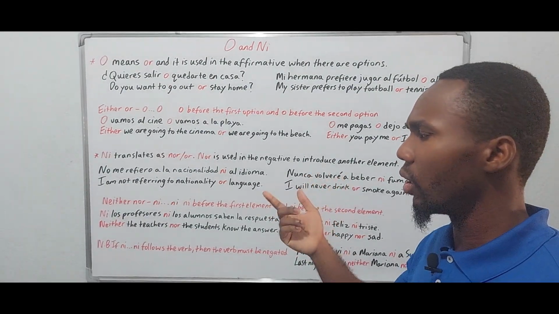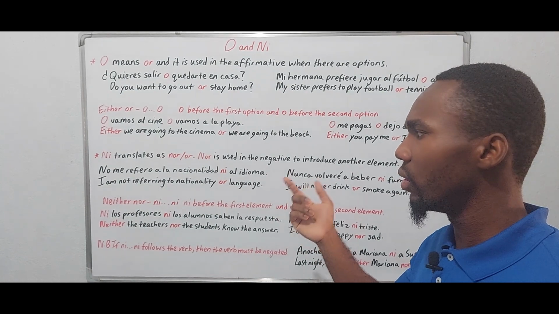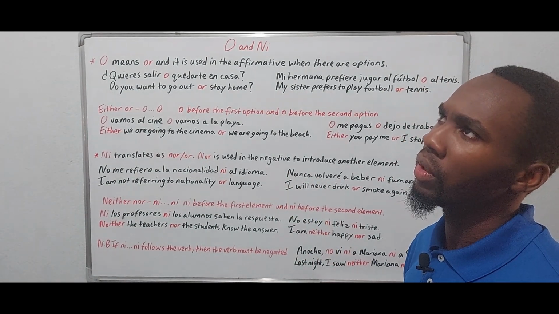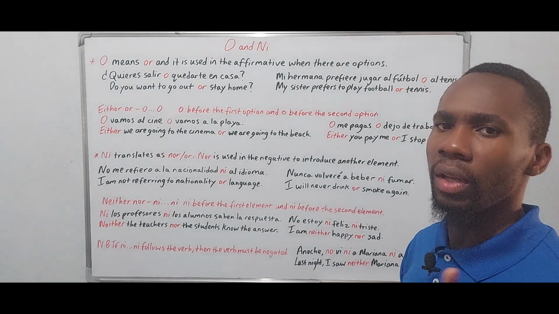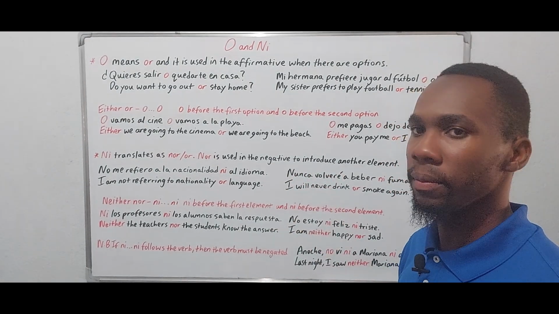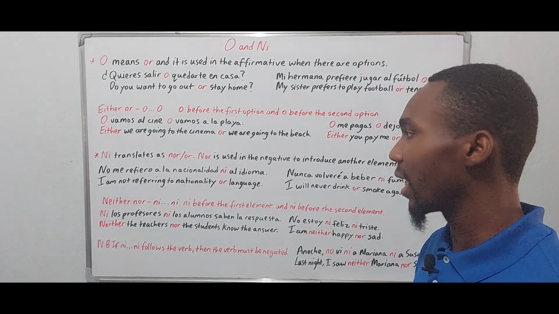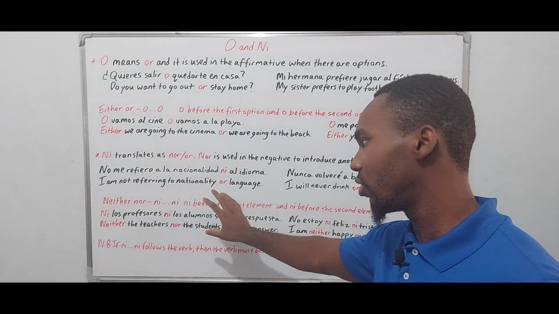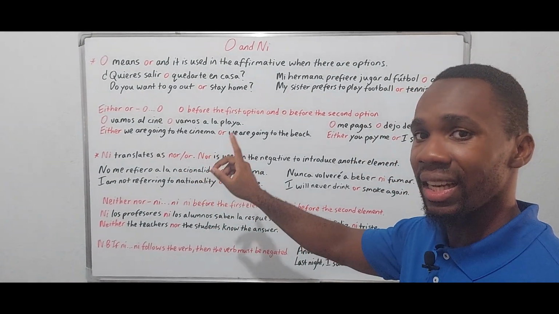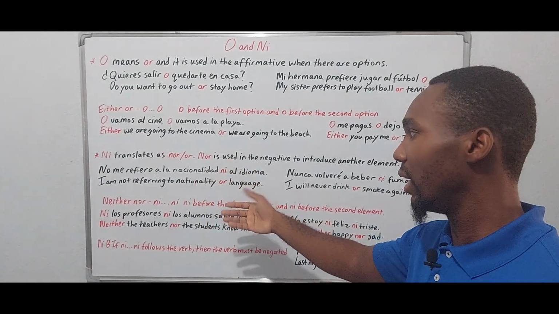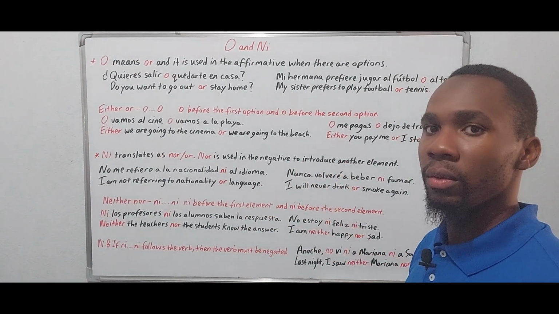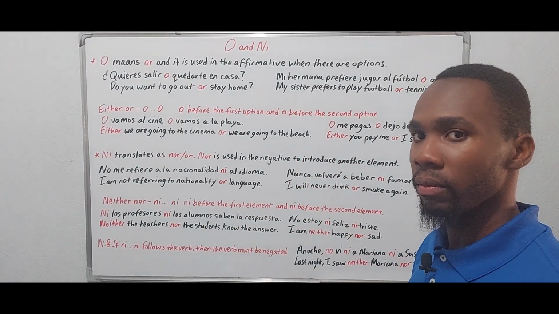Rather, I am referring neither to nationality, wait, no. I am neither, yeah, I was correct. I am neither referring to nationality nor language, right? That can also translate as this structure because the verb is already negated. So if the verb is already in the negative, you don't need to put ni before the first option. But of course, ni would have to go before the second option.